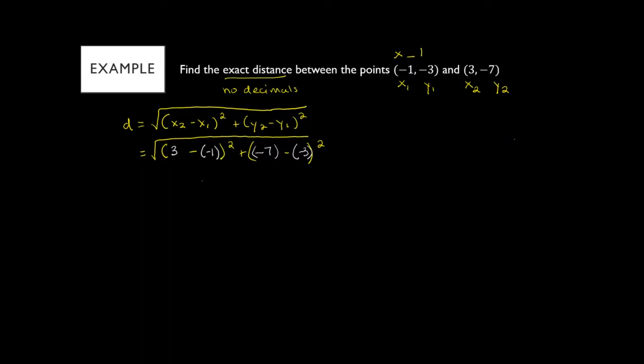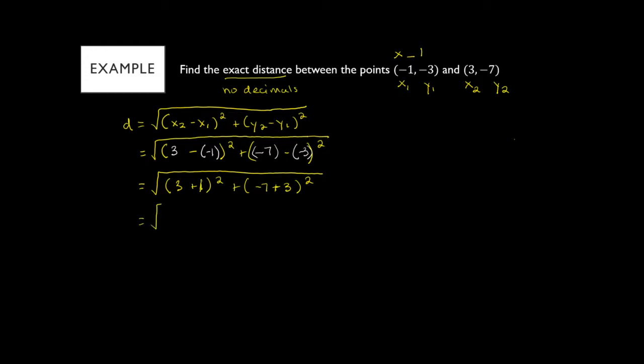So your first step is to plug in your numbers into that formula. And then we're going to follow the order of operations. Anything where you're subtracting negatives, that's the same as adding. So we have 3 plus 1 squared plus -7 plus 3 squared. For both of those, we're subtracting a negative, so that turns into addition.